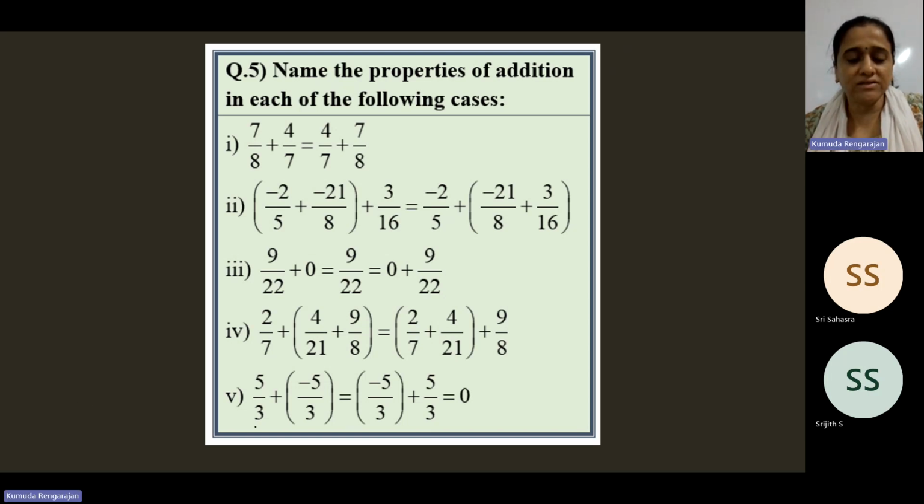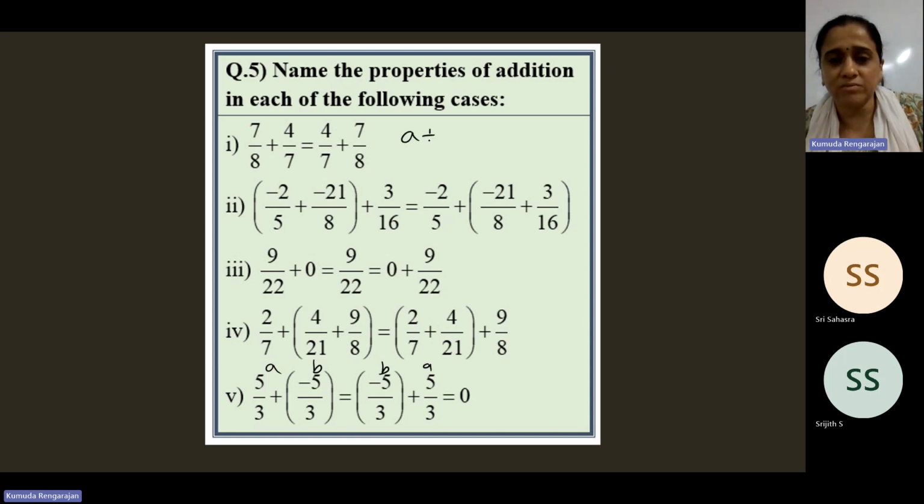So you can see that the sum of this rational number and this rational number is 0. This is A, this is B. These two are different rational numbers. A is 5 by 3, B is minus 5 by 3. So what do you see here?